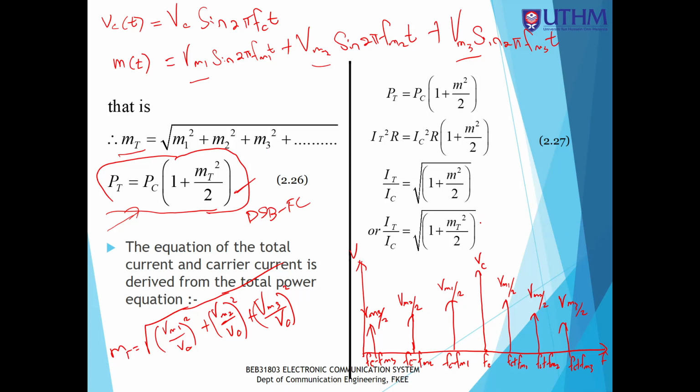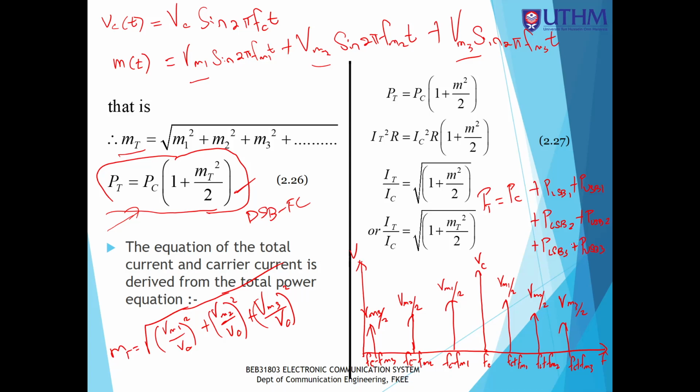Or you can find it based on the components. So P total is equal to the carrier plus P LSB 1 plus P USB 1, plus P LSB 2 plus P USB 2 plus P LSB 3 plus P USB 3.